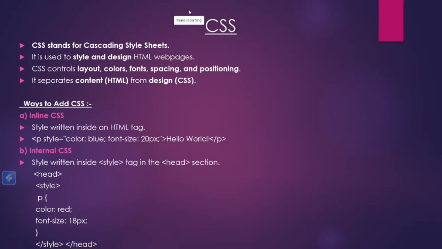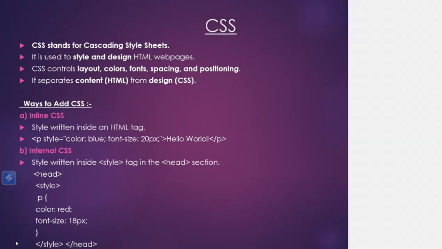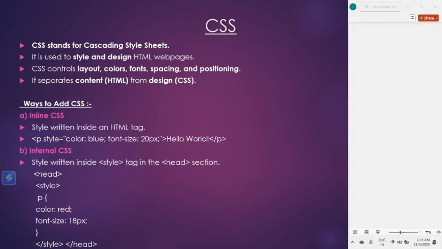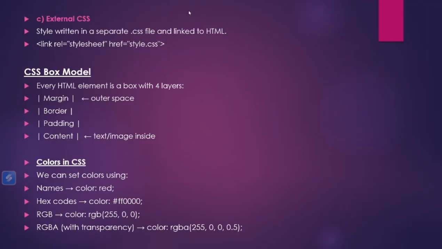Inline CSS is style written inside an HTML tag. Internal CSS is style written inside the style tag in the head section. For external CSS, style is written in a separate .css file and linked to HTML.